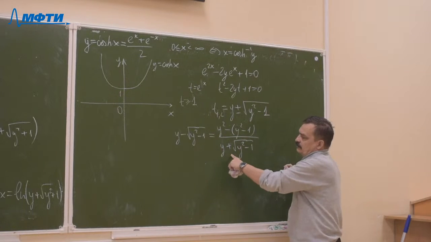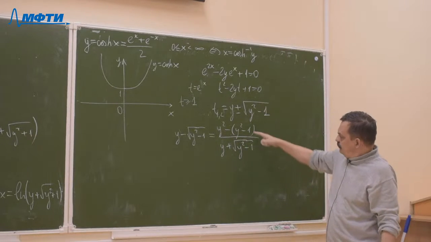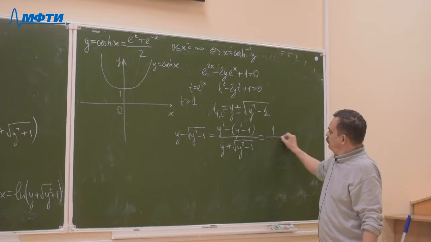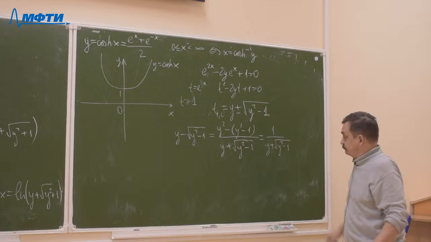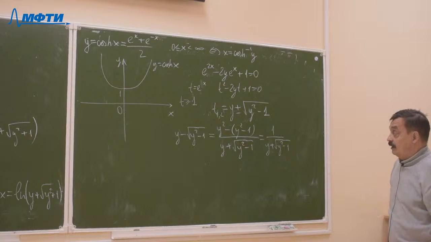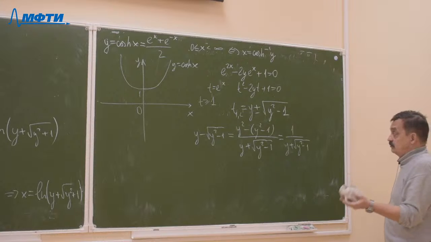So you see, I multiply it, and we obtain this, and there is 1 over y plus square root of y squared minus 1.